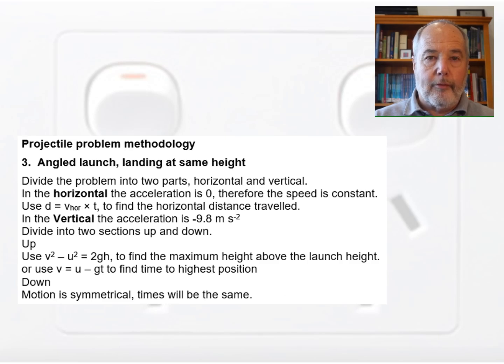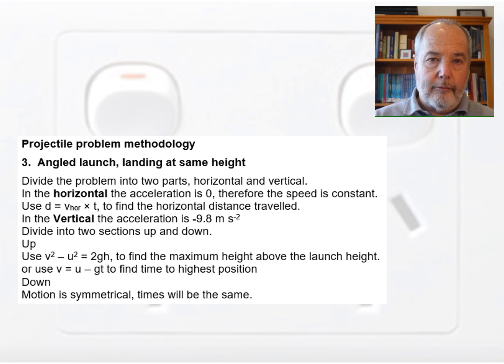Projectile problem type 3, where it is launched at an angle but lands at the same height. This flight will be symmetrical. The acceleration will be g, which is 9.8 meters per second squared down. You divide the problem into 2 parts, horizontal and vertical. In the horizontal, the velocity is constant, so the distance travelled is given by the initial horizontal velocity, which is v cos θ, times the time t.